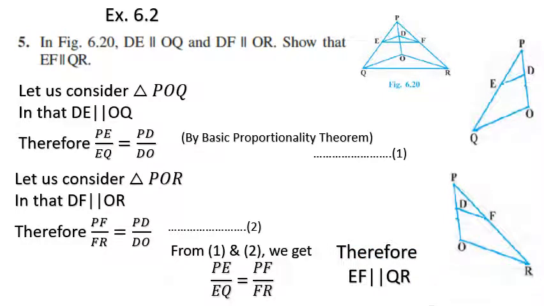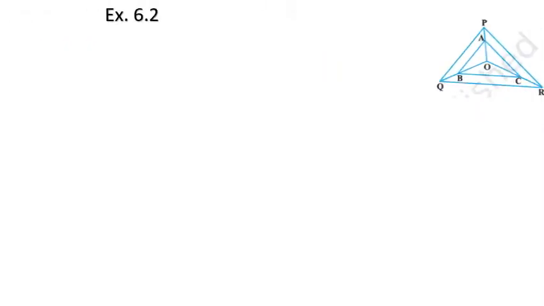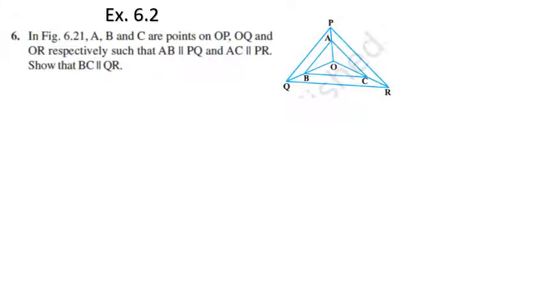Now, question number 6. In the figure, A, B, C are points on OP, OQ and OR respectively such that AB parallel PQ and AC parallel PR. Show that BC parallel QR.